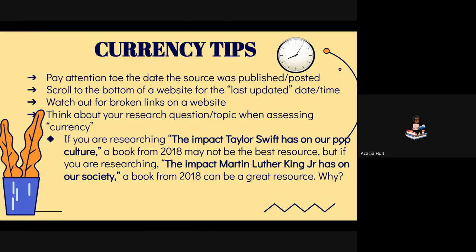If you said because while Martin Luther King Jr. hasn't really done anything since 2018, since he's been passed away since the 1960s, you'd be correct. However, if you think about it, it's 2026 now. Taylor Swift has done a lot in the last year, much less the last 8 or 9 years.